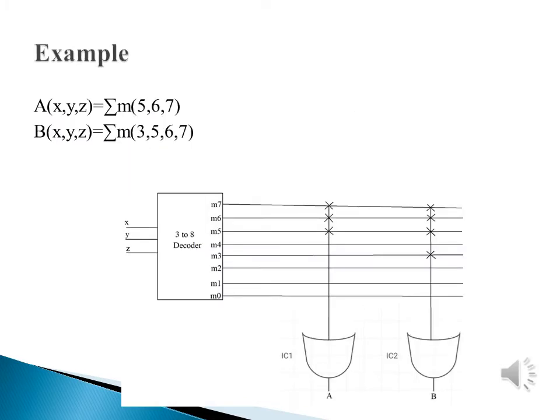Let us implement the following Boolean functions given here using a PROM. The given two functions are in sum of minterms form, and each function is having 3 variables x, y and z. So, we require a 3:8 decoder and 2 programmable OR gates for producing these two functions.